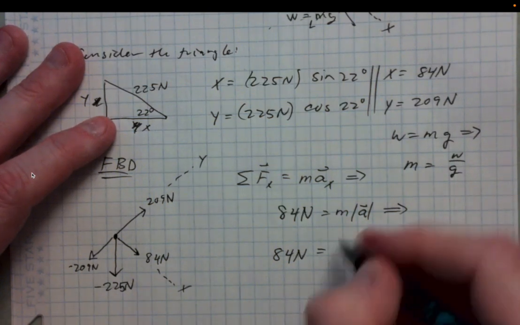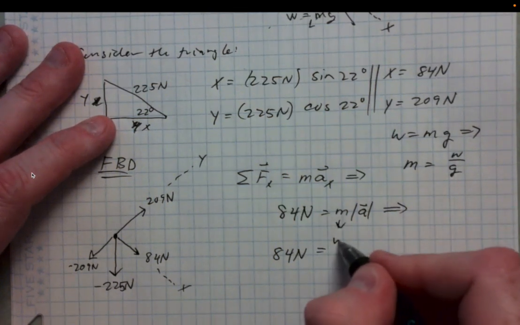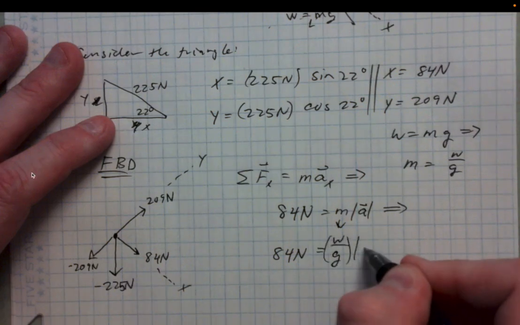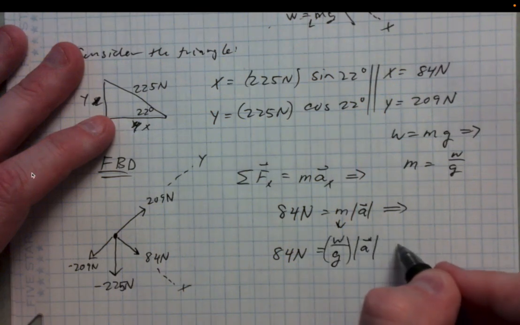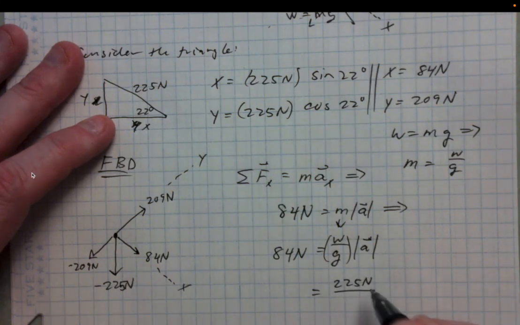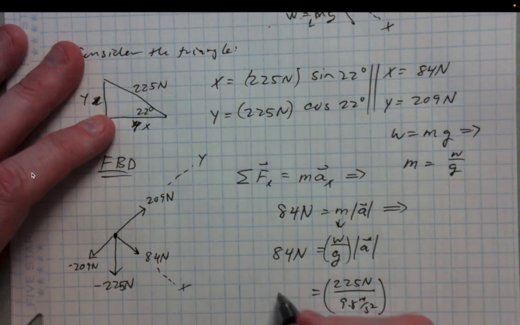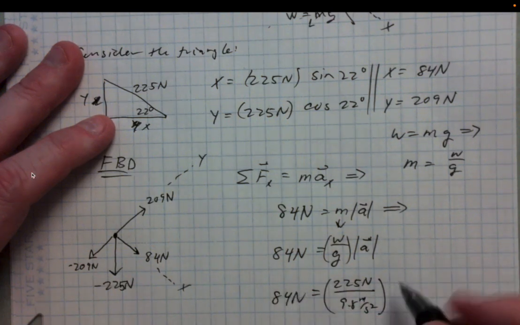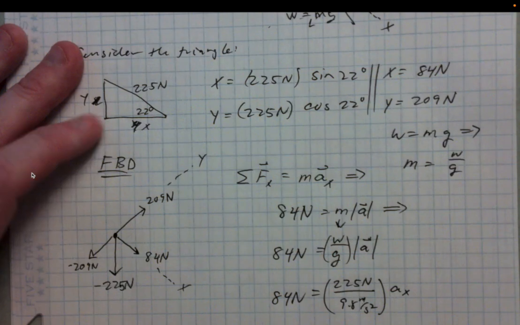So the mass here is really W over g, and then times the acceleration, right? And so we have, what do we have? 225 newtons divided by 9.8 meters per second squared times the acceleration in the x direction, right?